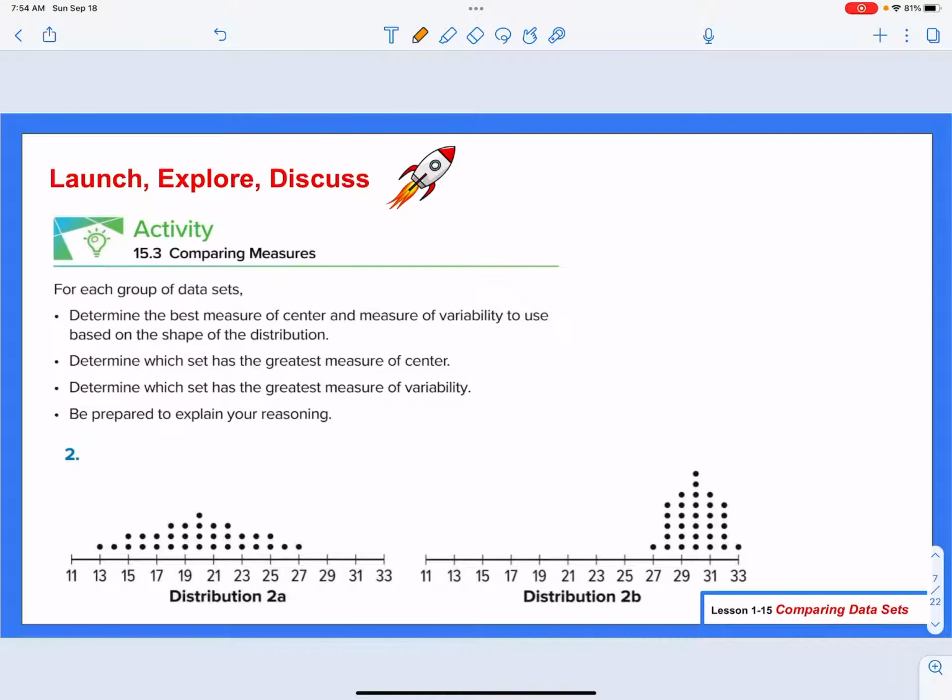So let's look at the next one. All right, so looking at this one. Again, what I see is some nice symmetry happening here. So because we see symmetrical graphs here and representations, we would go ahead and choose to use the mean and the standard deviation.